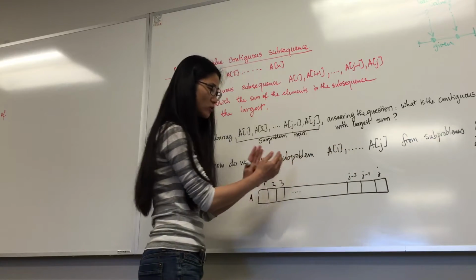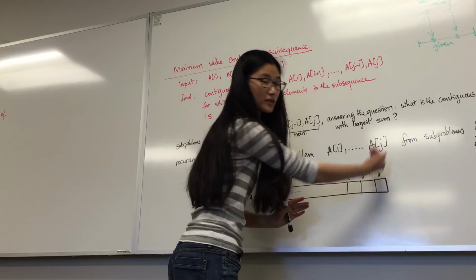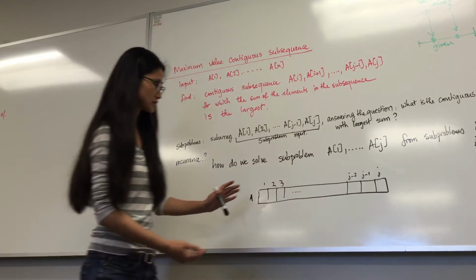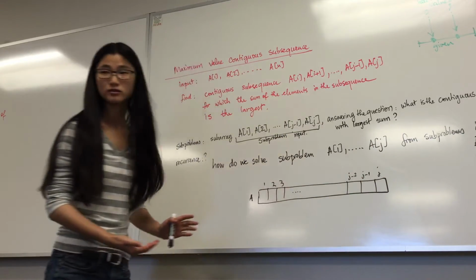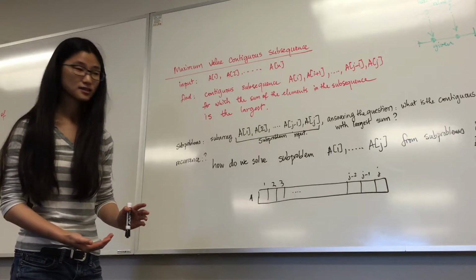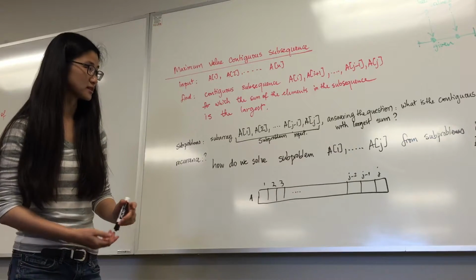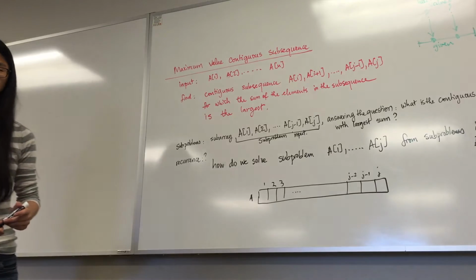It's only amongst the ones that end at J. So amongst all those ones, how many do we have? How many subarrays could be possible answers?